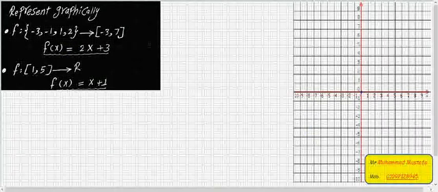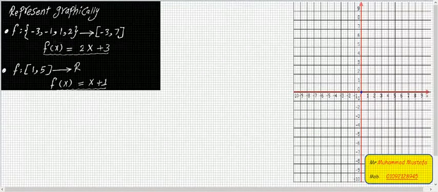Represent graphically all of these functions. The first function is from this set to this interval, with this rule of the function. Firstly, we know that the function has a domain and also a codomain.